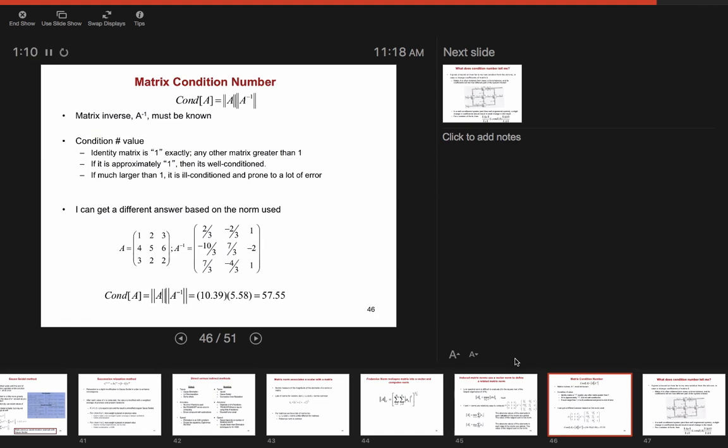So basically my condition number, if I was doing L2 norm or Frobenius norm, would be this. In L1 norm would be something similar. In L infinity norm, I can compute that. Either way, I would get a relatively reasonable number of 60.